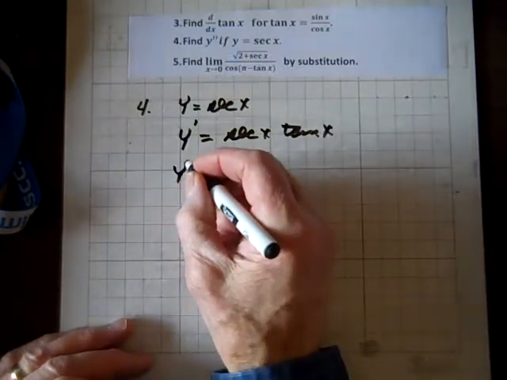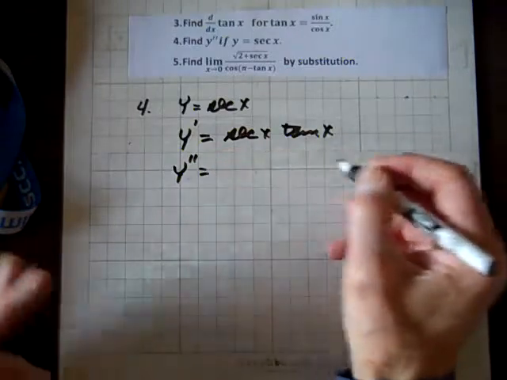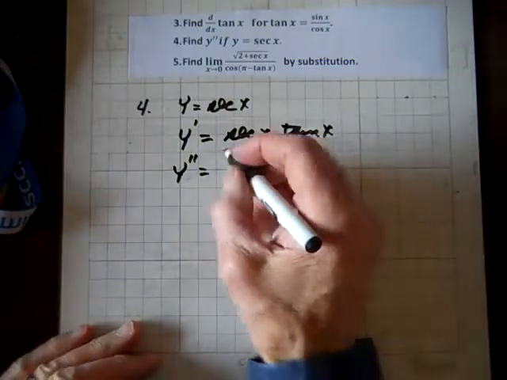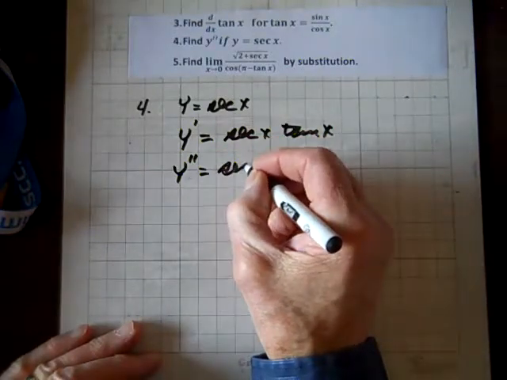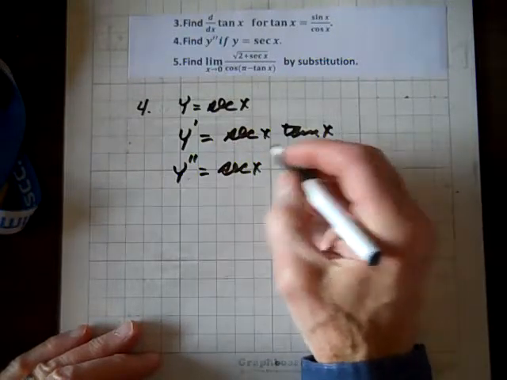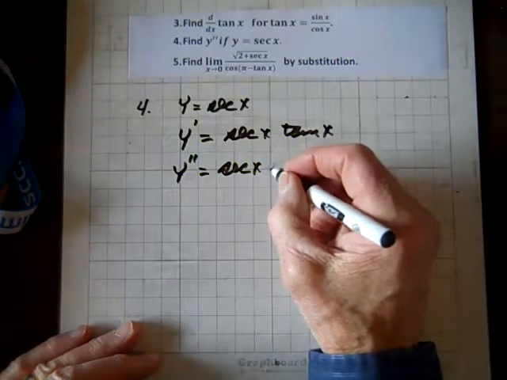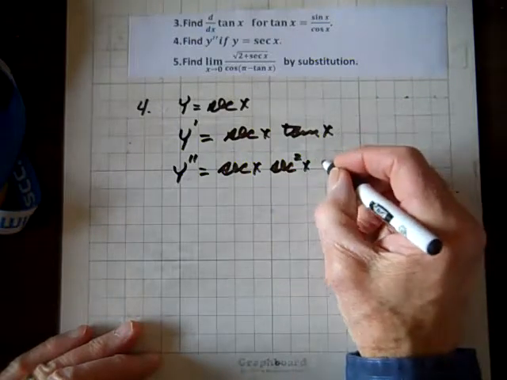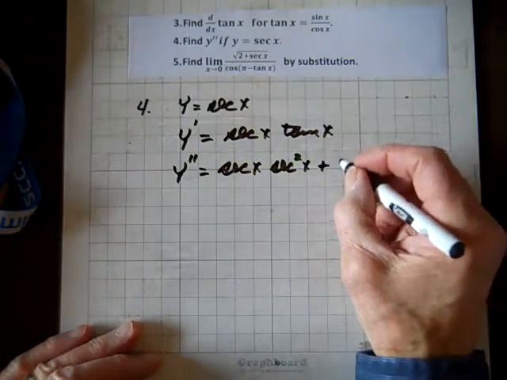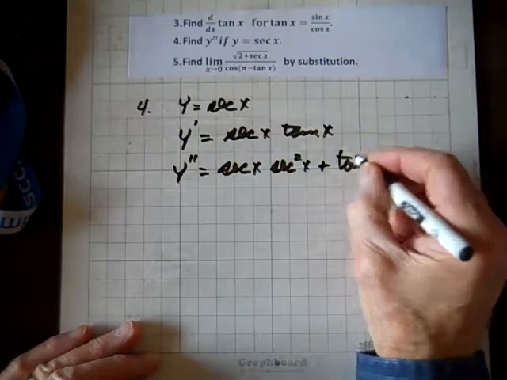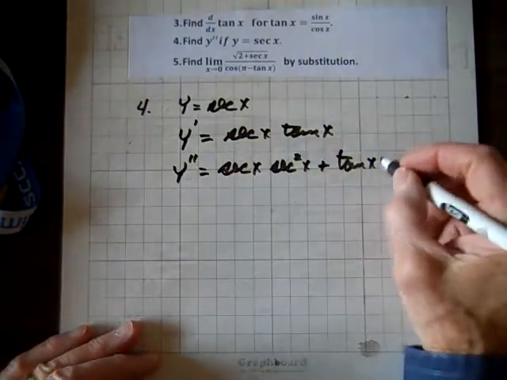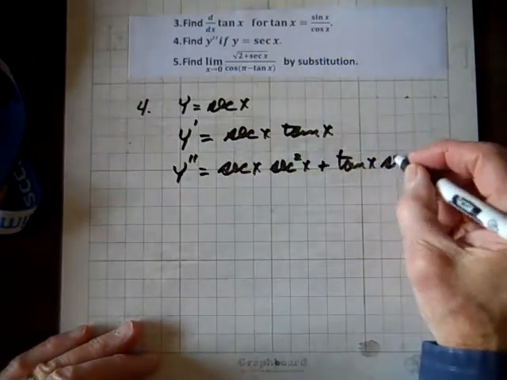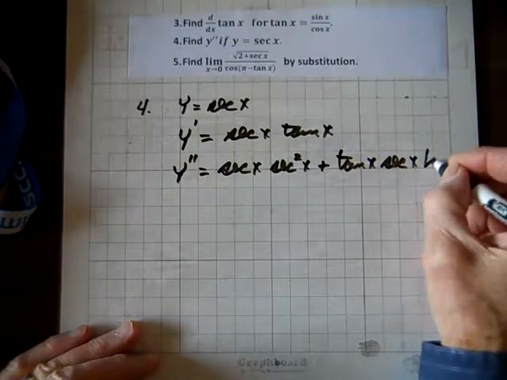So y double prime equals, now we're going to have to use the product rule. So we'll hold secant of x constant and take the derivative of tan x, which is secant squared x, plus, now we'll hold tan x constant and take the derivative of secant of x, which is secant x tan x.